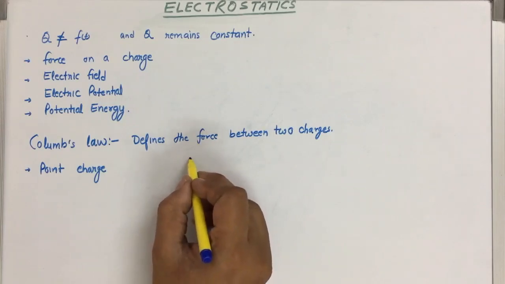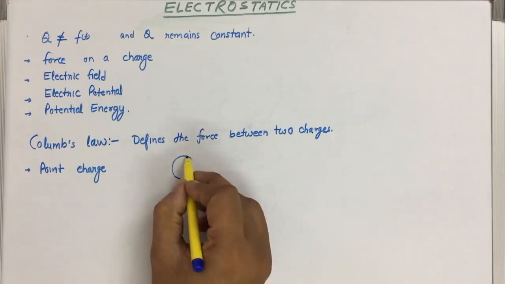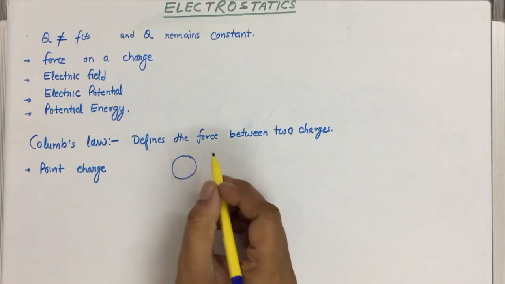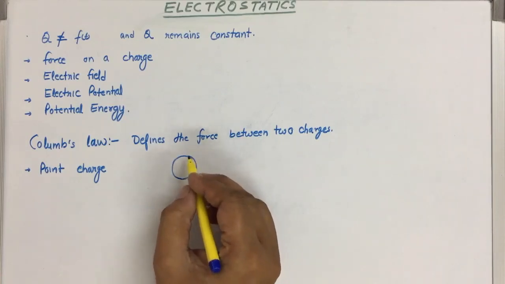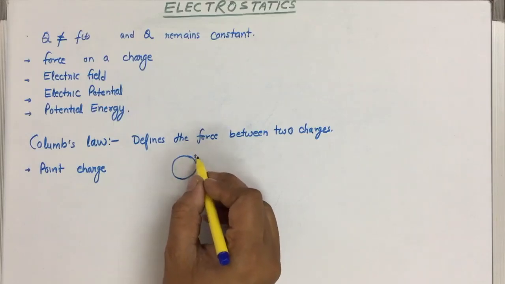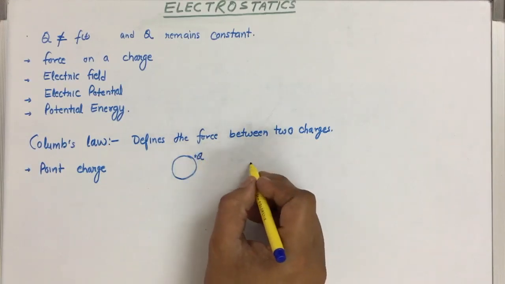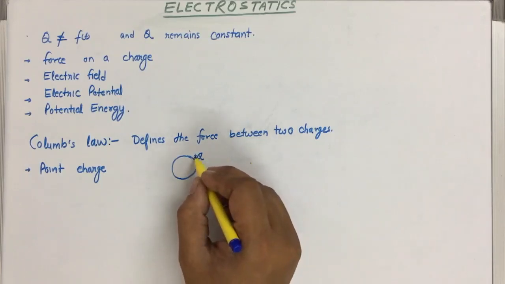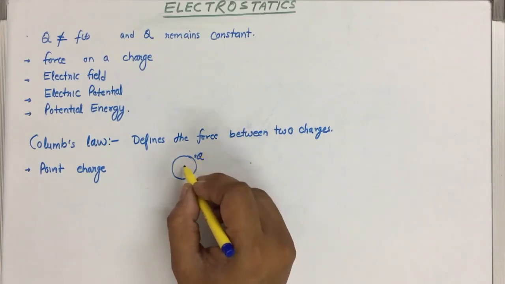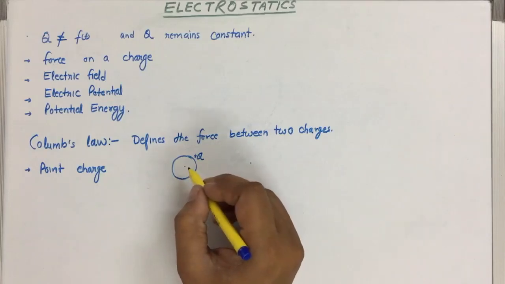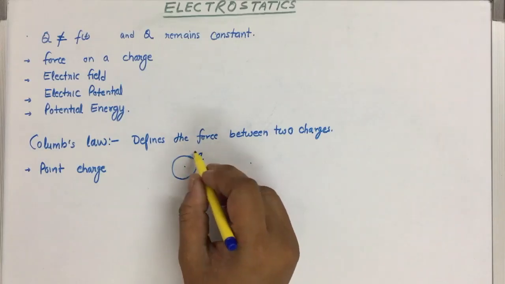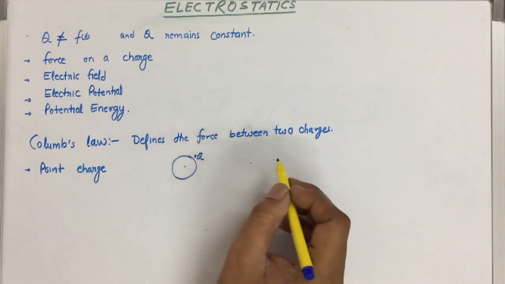For example, there is a spherical body and charge is distributed on it, that is Q. Now for any external point, this positive Q can be considered as concentrated at this point. So in this case, this is considered as a point charge.